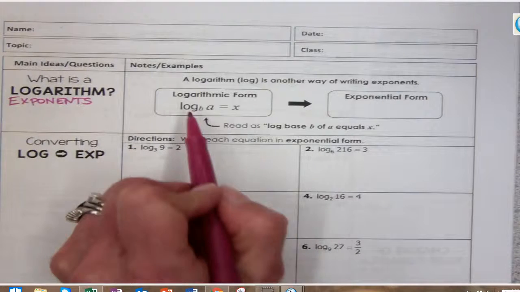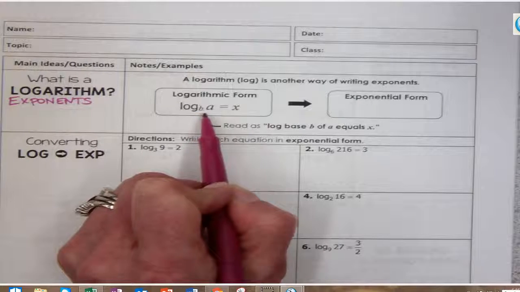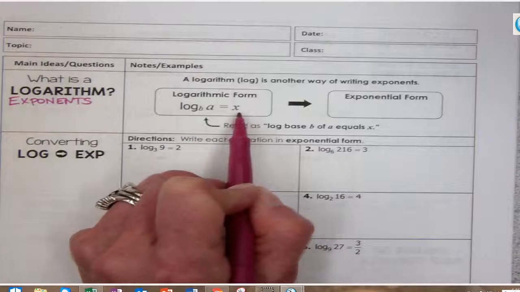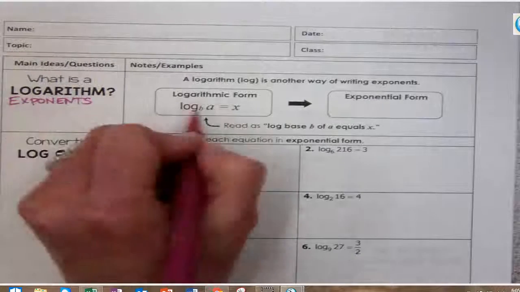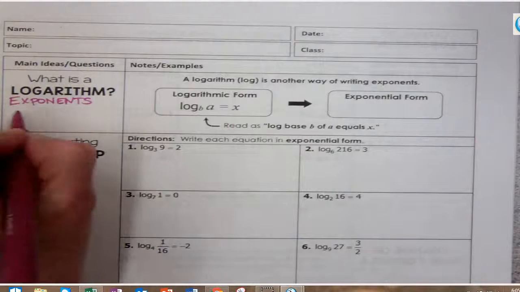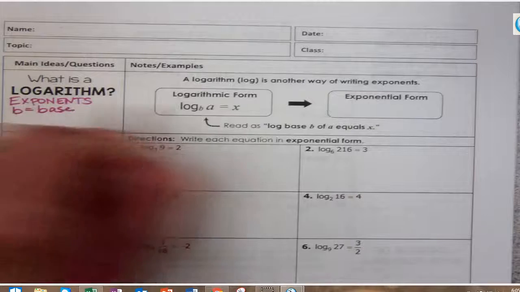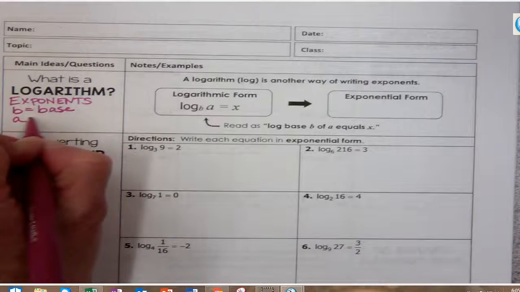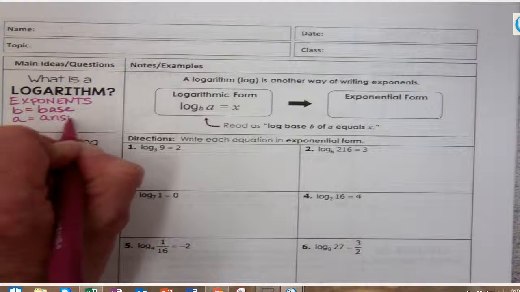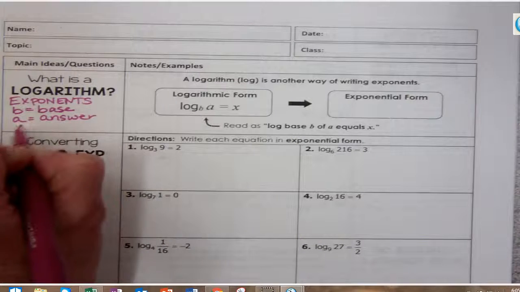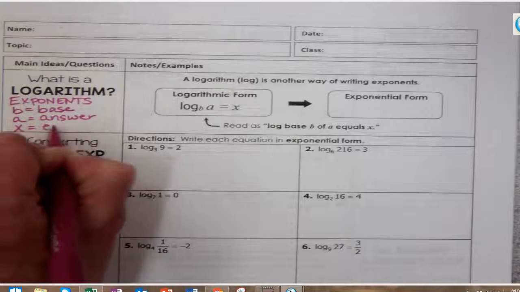So when you have your logarithm here, log base b of a equals x. When you have this format, your b is the base, the a is actually your answer, and your x is your exponent.